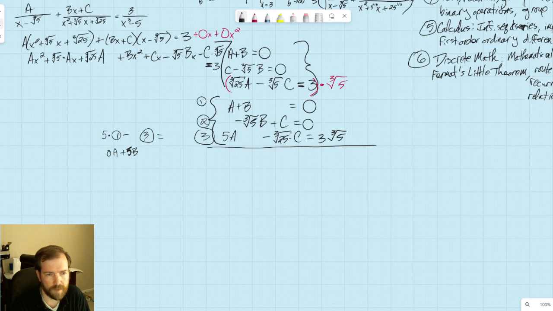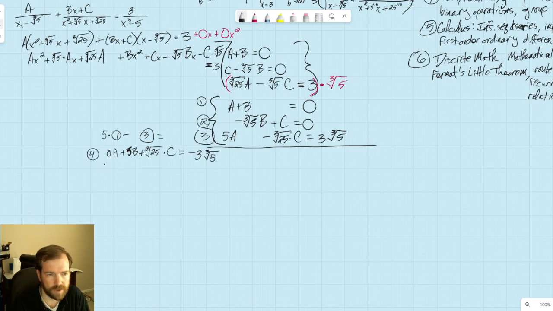Okay, and then minus equation 3 is going to get us a positive cube root of 25 times c is equal to a negative, equation 3 is going to get us a negative 3 cube root of 5. Okay, so then this is equation 4.